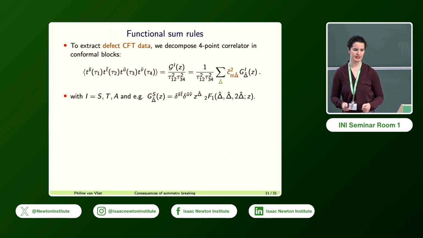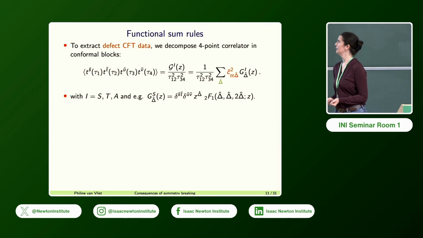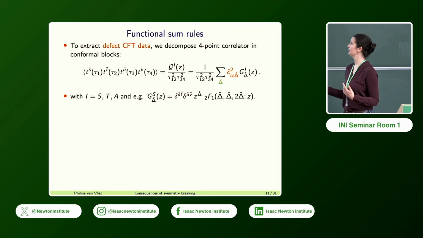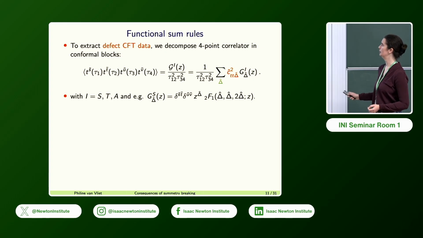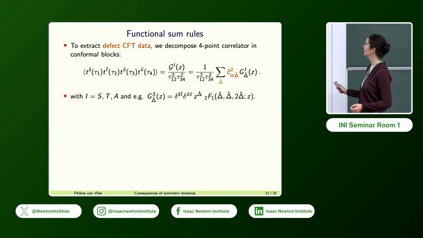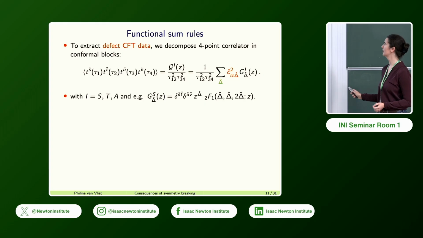Okay, so now let's look at some applications. What we want to do is extract this defect CFT data. The best way to do this is to take the 4-point function and expand it in conformal blocks, because you get the sum rule over this defect spectrum and these OPE coefficients of defect operators squared.